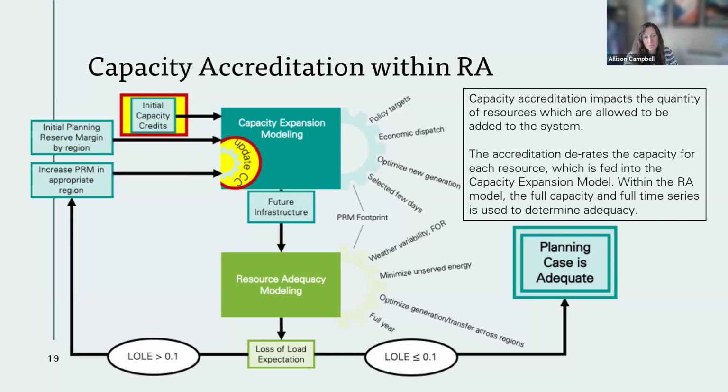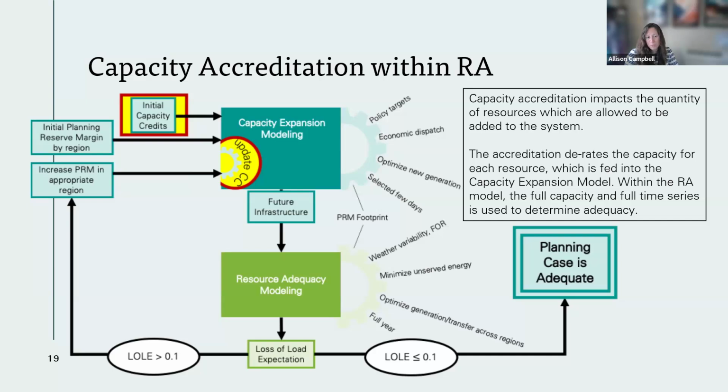The capacity expansion model has some assumptions about policy targets, economic dispatch, and optimization for new generation, but is only for a few days. That then produces a future infrastructure that is tested by your resource adequacy model, which now has insight into lots of weather variability and forced outage rates, with the goal of minimizing unserved energy, and is done for a full year.